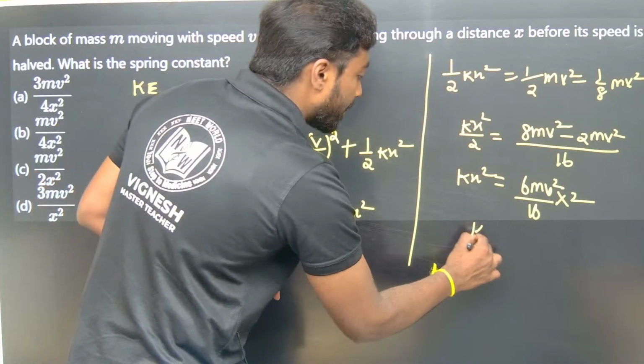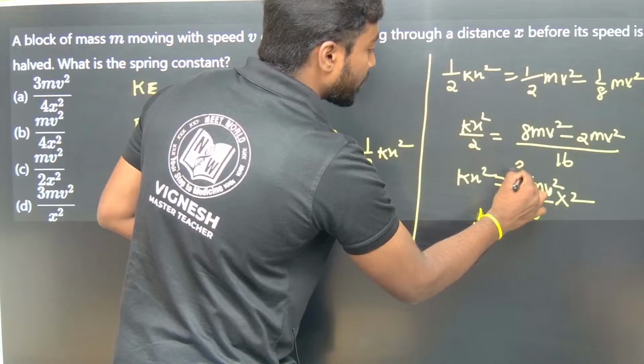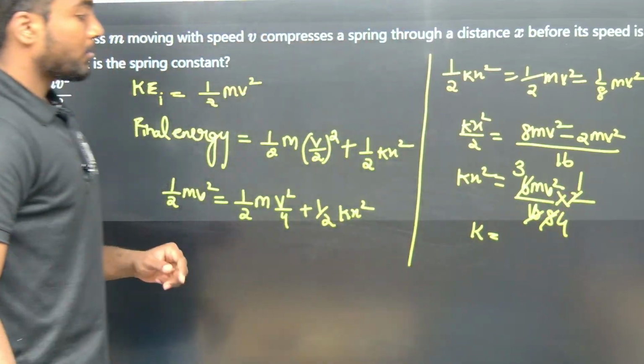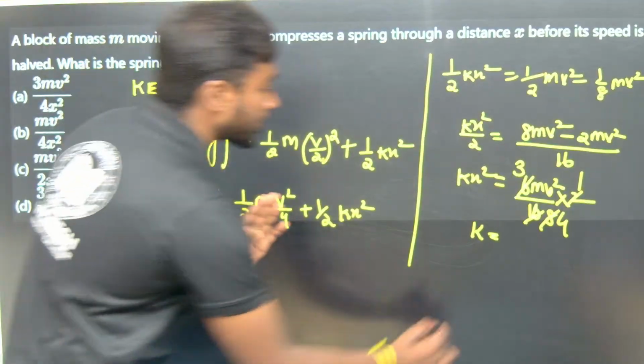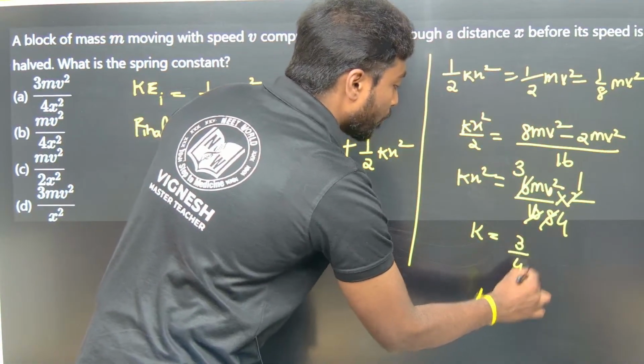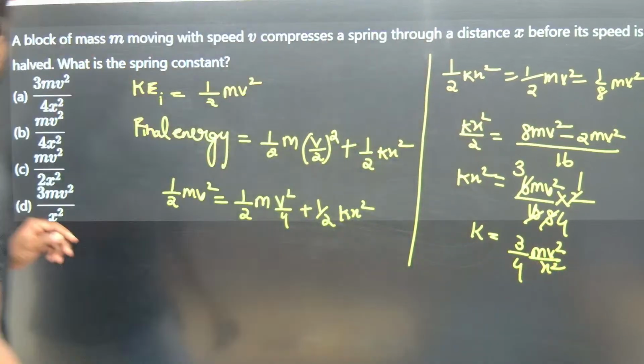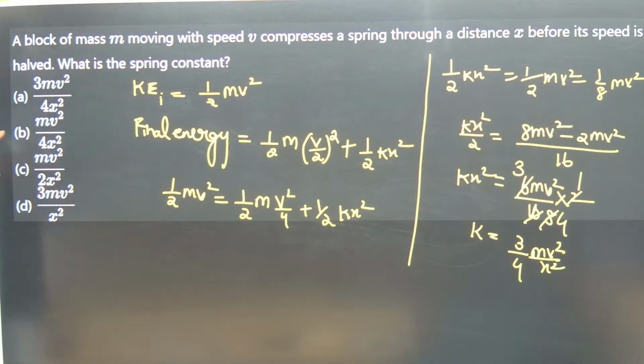So k will be 3 by 4 m v square by x square. Is there any option there? 3 m v square by 4 x square, yes, option A is the answer.